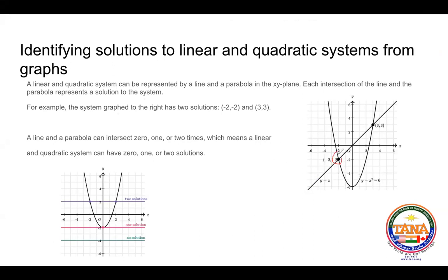For example, this and this are solutions to that system of equations. The system graphed on the right has two solutions: (-2, -2) and (3, 3). A line and a parabola can intersect 0, 1, or 2 times, which means a linear and quadratic system can have 0, 1, or 2 solutions. And here's an example of each one of those situations.